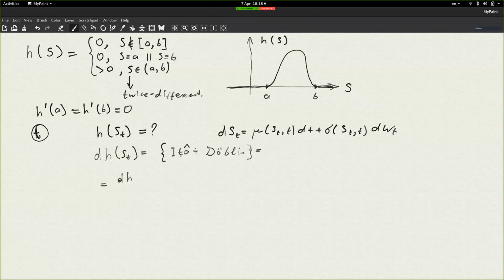So we're here. Using the Itô-Doeblin formula, we can say what dH of ST actually is.